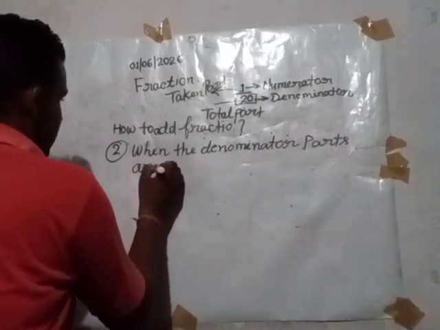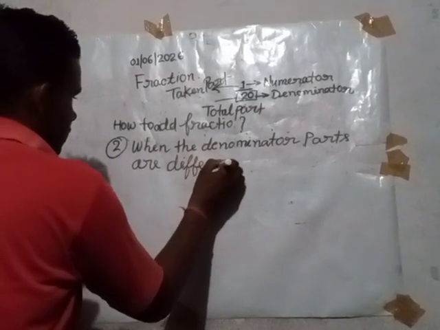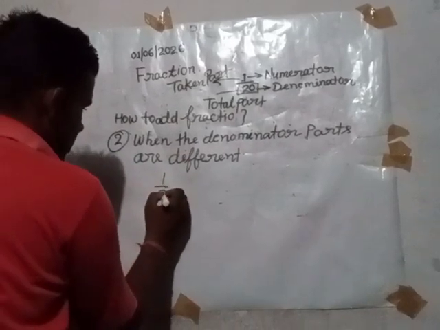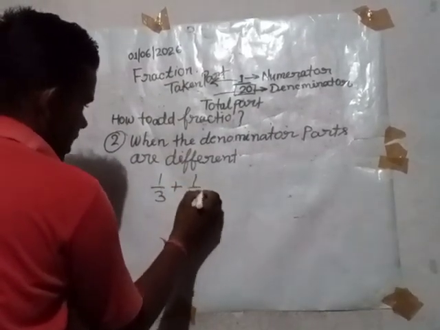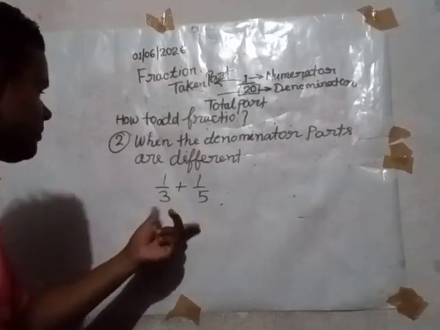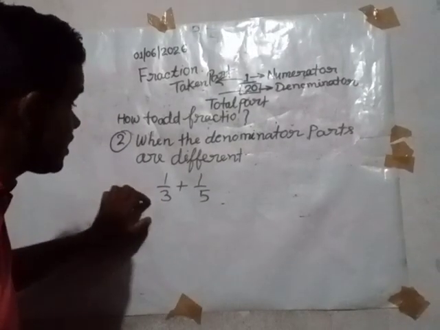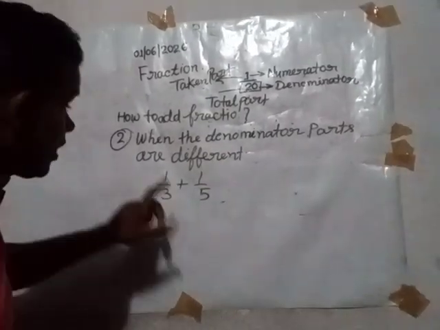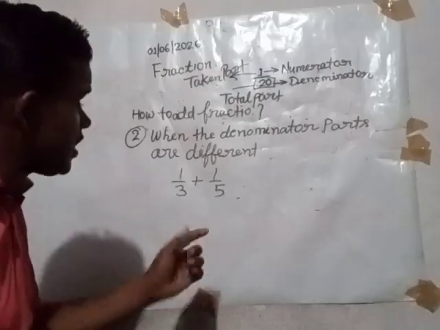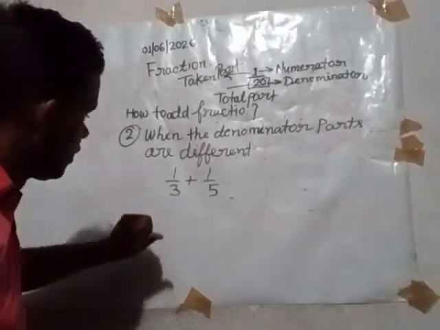For example, 1 by 3 and 1 by 5. Observe that 3 and 5 are not the same, they are different, so we find the LCM of the denominators. If the denominator parts are different, we find the LCM of the denominators so that both become equal.